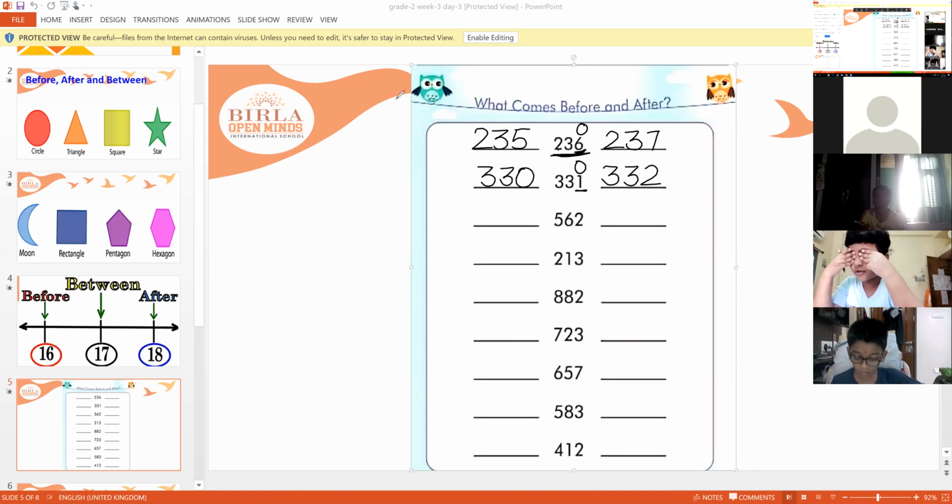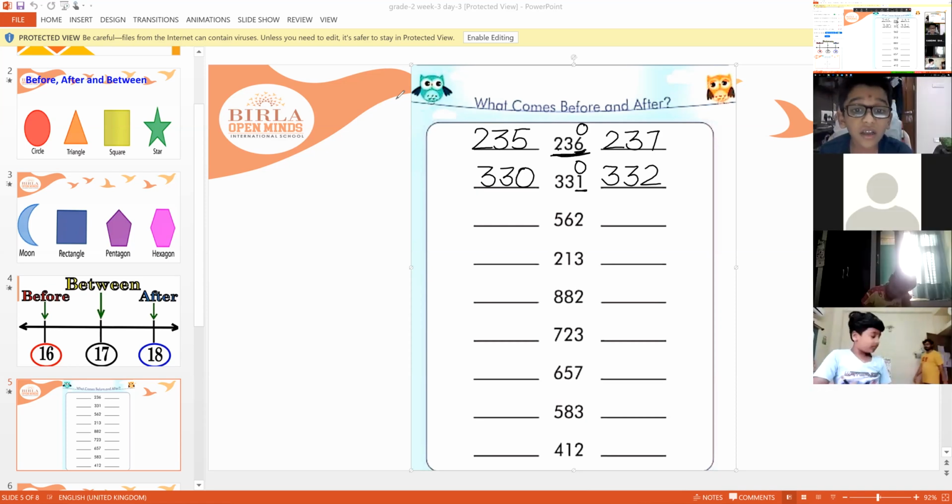Okay. Now Aditya Ram, you tell me answer for the third one. Aditya Ram, number is 562. Tell me what comes before 562 and what comes after. 561.